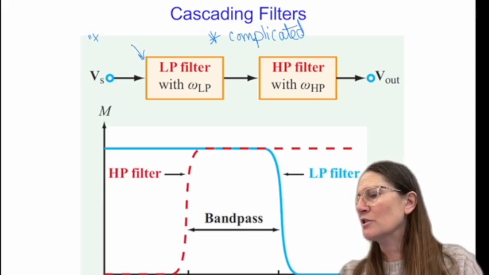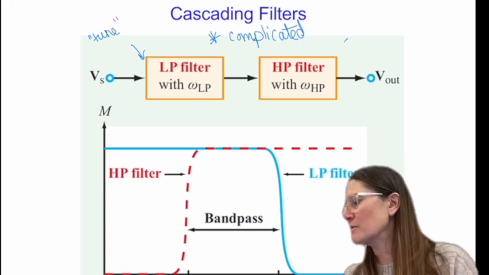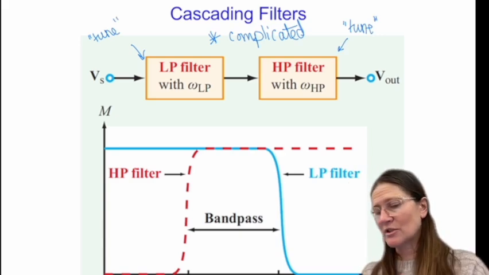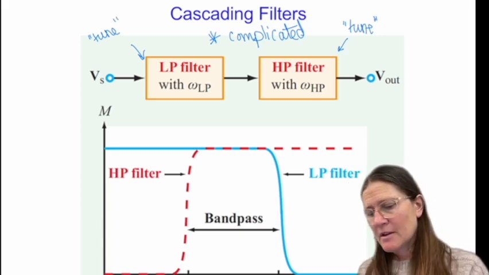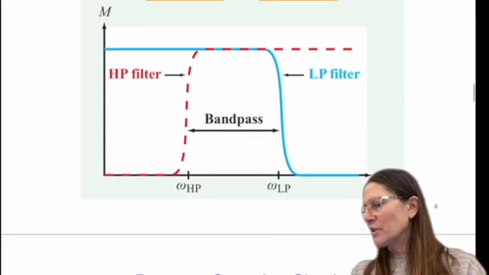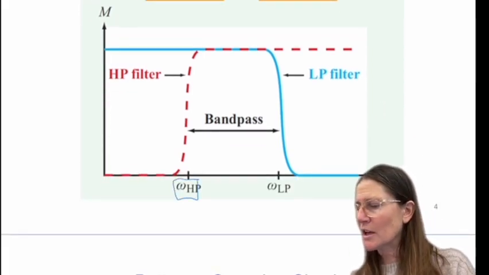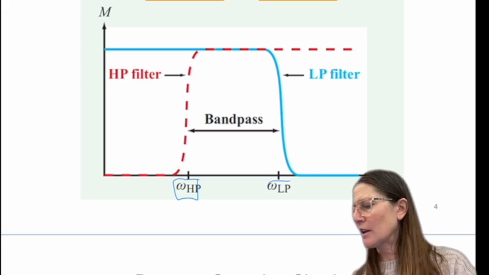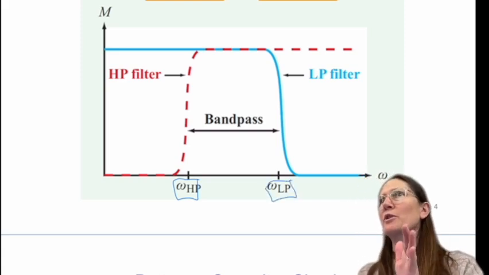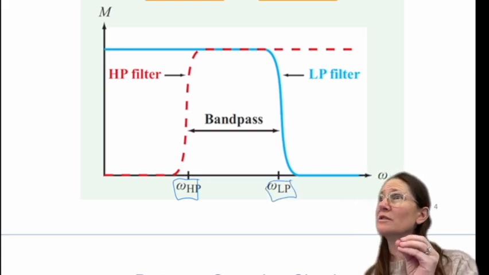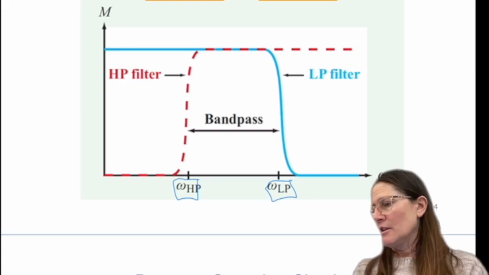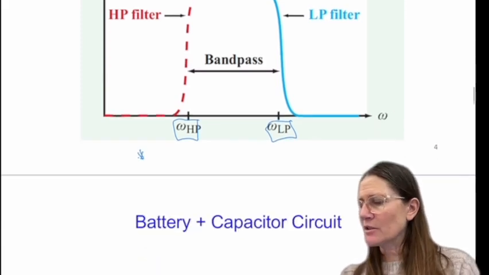But you can use it to tune to get a very, very specific range in those ranges I just said. So in this case, you would design a high-pass filter and a low-pass filter for very specific frequencies. They're a little easier to design because you only have one capacitor for each one. So it's an easier design, but it's a more complicated circuit overall.